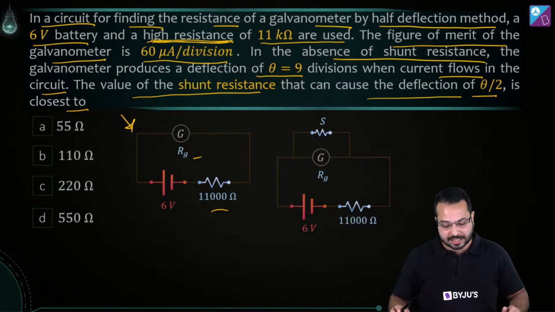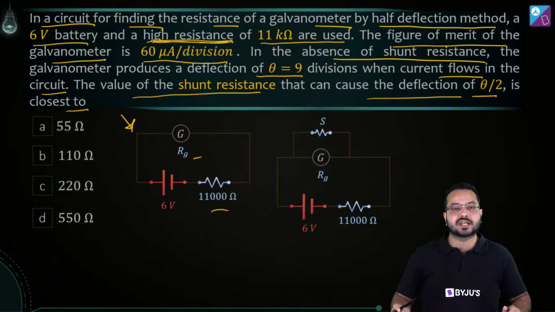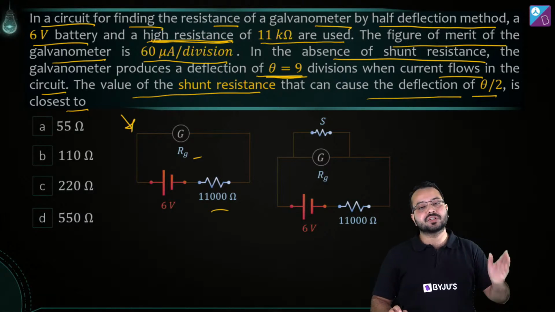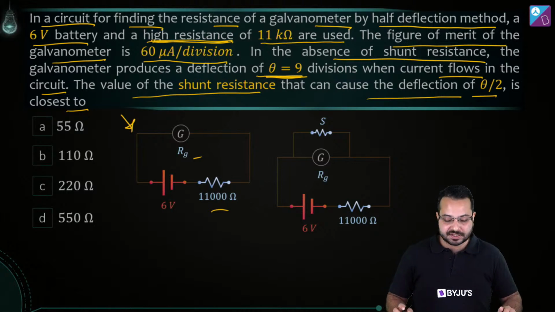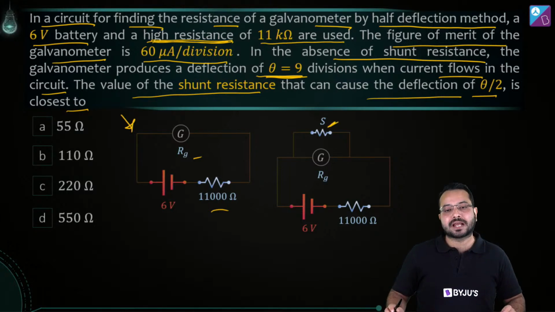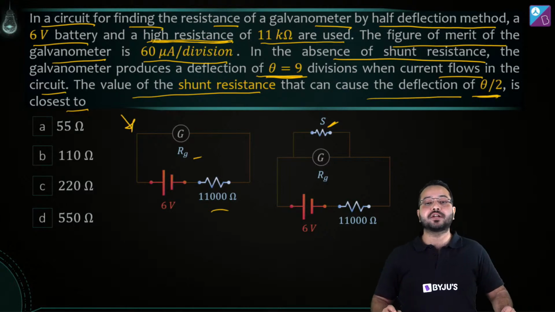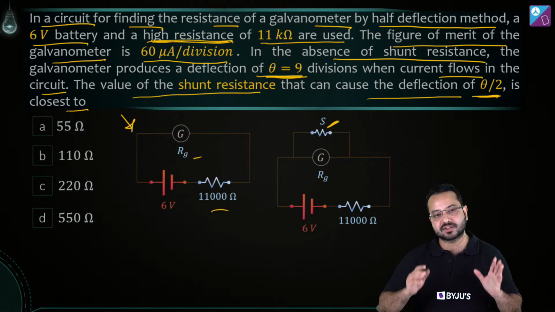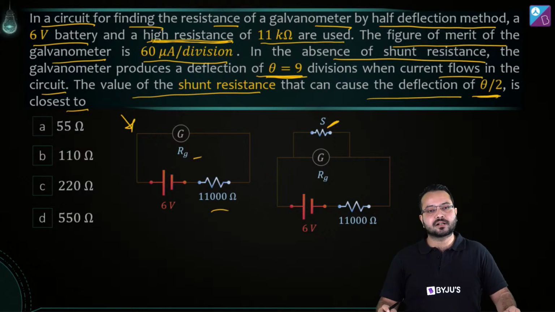In this case there is a deflection of 9 divisions. When we add a shunt to the galvanometer in parallel, the deflection is half, that is 9 by 2. So we have to find the value of this shunt resistance. That is the question.